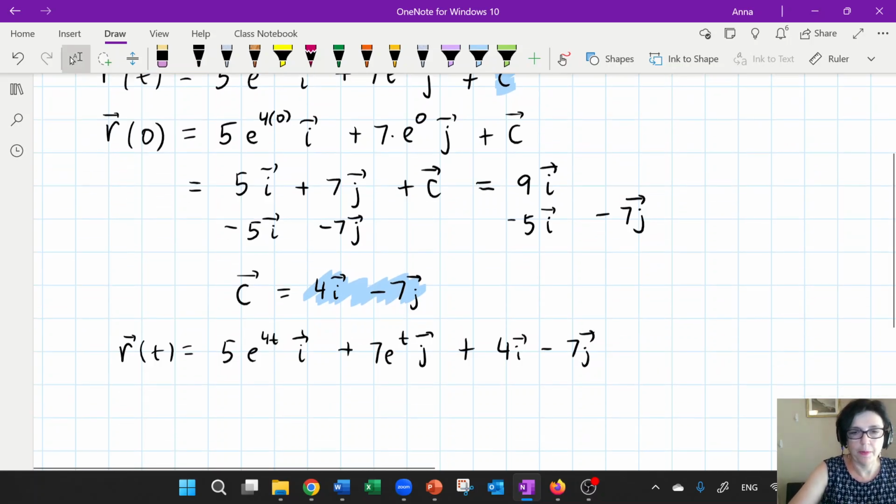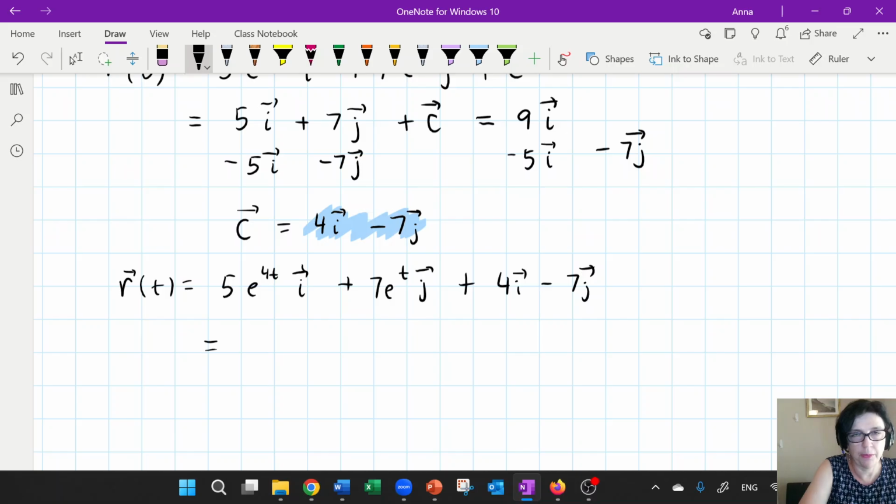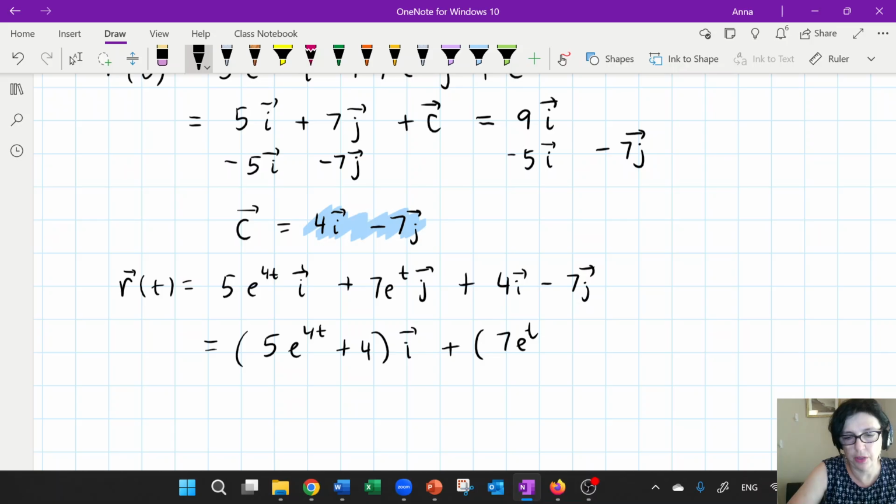We do want to combine like terms, and by like terms I mean the terms with i and the terms with j. So the term with i will become 5 e to the 4t plus 4 i, and the term with j will become 7 e to the t minus 7 j.